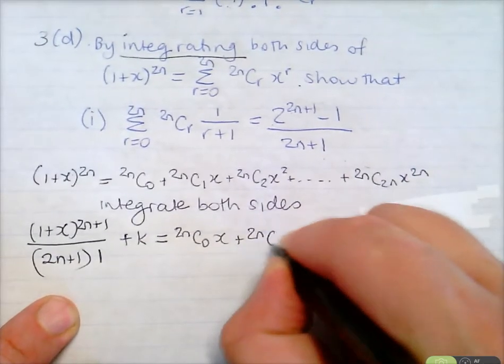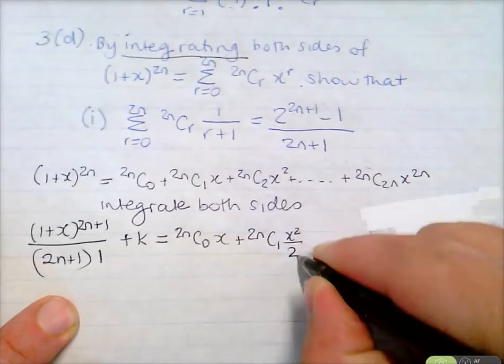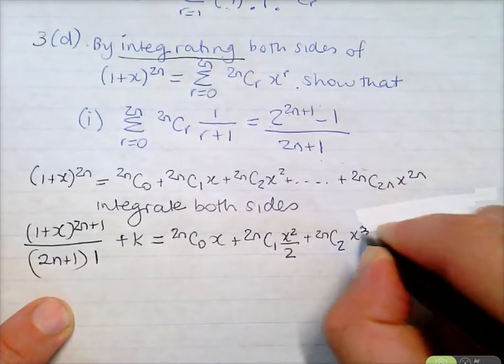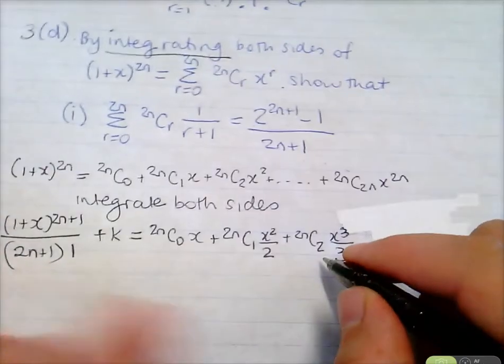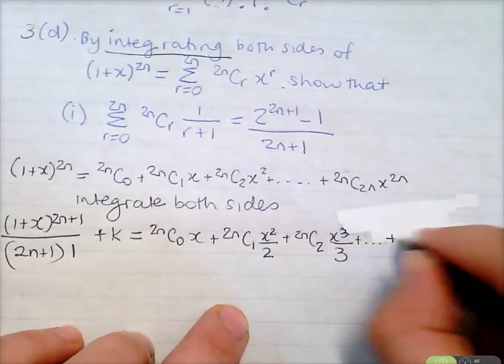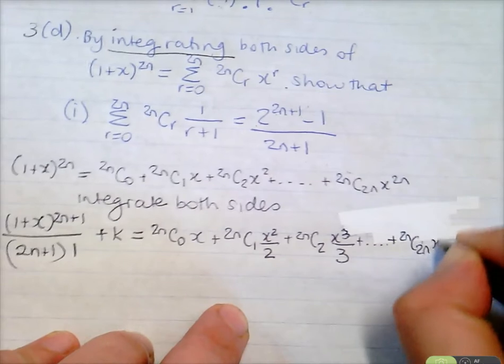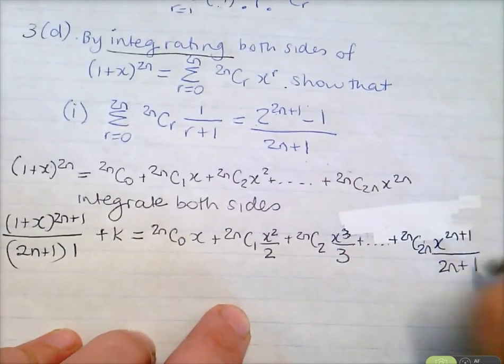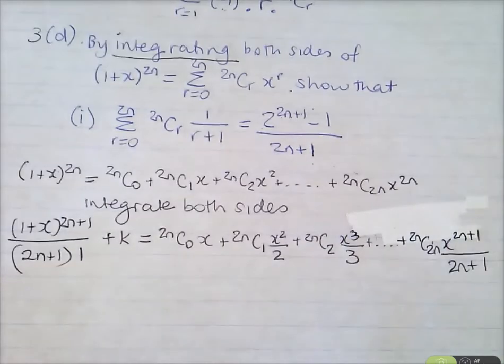Plus 2nc1 x squared on 2 plus 2nc2 x cubed on 3 plus all the way up to 2nc2n x to the 2n plus 1 over 2n plus 1. So that is the integration of that.